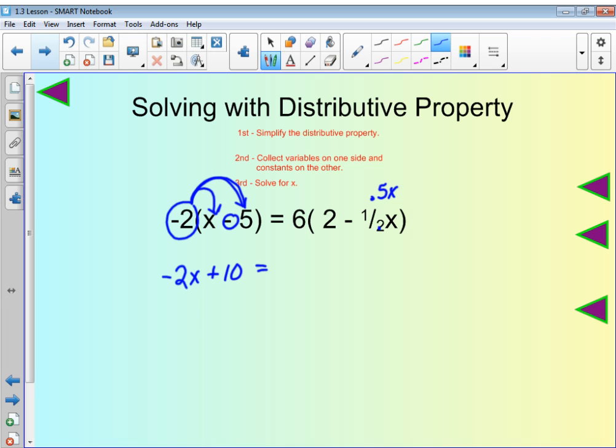Okay, so I'm gonna go through and I'm gonna distribute. 6 times 2 is 12. 6 times a half, or 0.5 if you're using your calculator. I oftentimes think of what is half of 6. When they're nice simple fractions like that, that's 3. So there was a negative sign there. This was a positive, so it ends up being a minus, so a negative 3x.